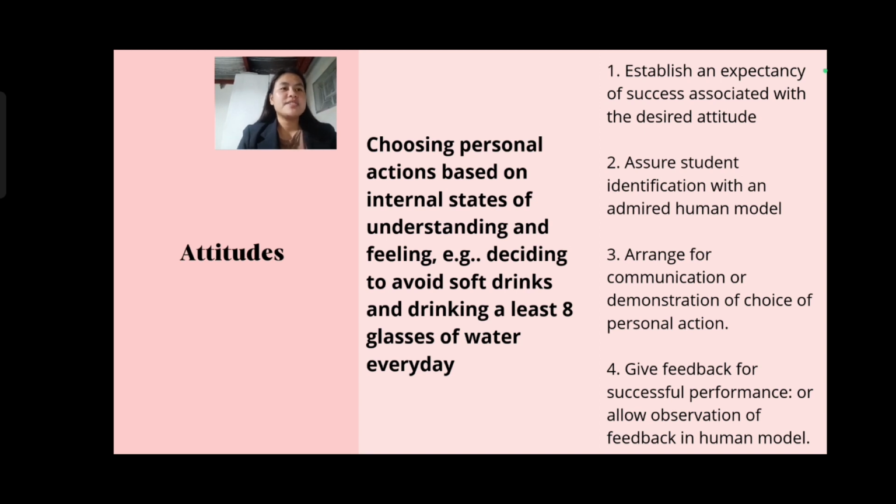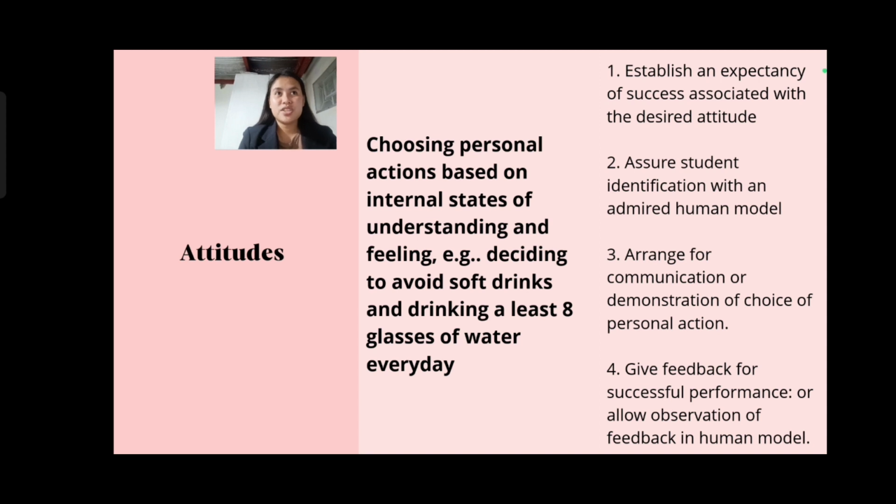So, one, establish an expectancy of success associated with the desired attitude, assure student identification with an admired human model, arrange communication or demonstration or choose personal action, give feedback of successful performance or allow observation feedback in human model.